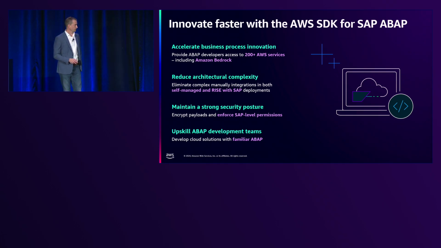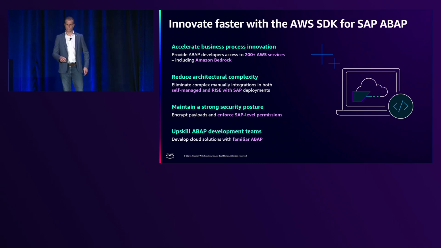So I want to touch on a couple of things that you can also run on top of your RISE with SAP or indeed other SAP systems. The AWS SDK makes it easy for ABAP developers to extend and transform SAP-based business processes by harnessing AWS services using the ABAP language.